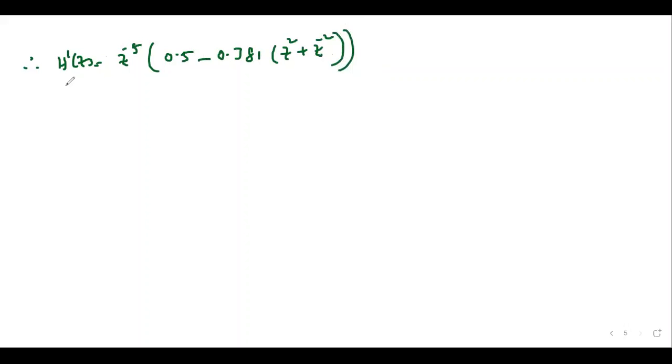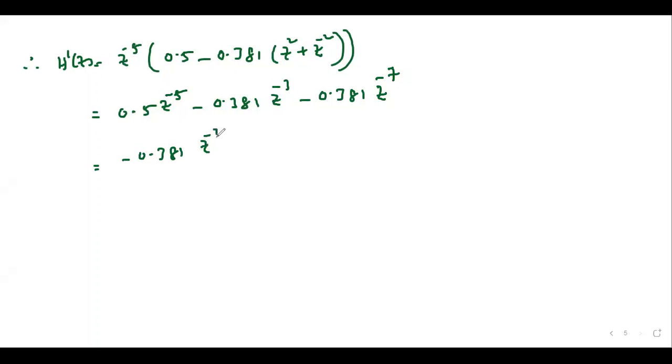Now if you multiply this, it will give you 0.5 z power minus 5 minus 0.318. First, if you multiply with z square, you will get z power minus 3. If you multiply with z power minus 2, you will get z power minus 7. Therefore, reorder it.